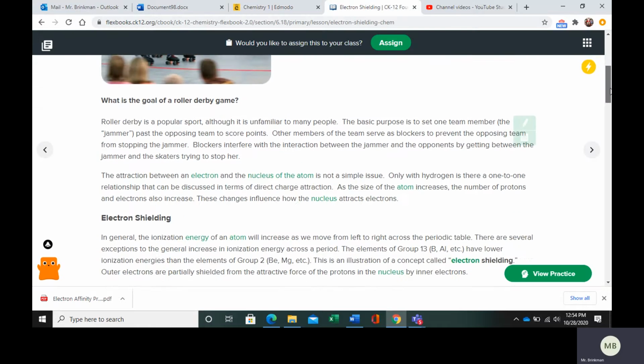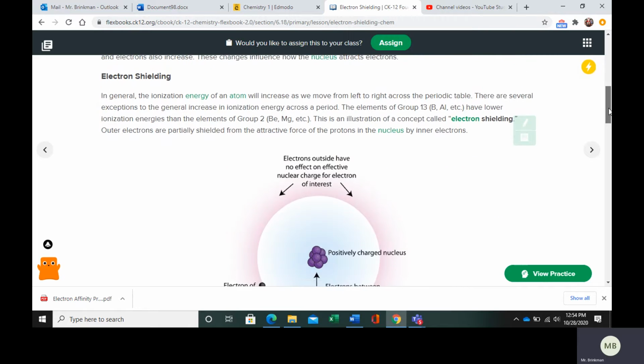So electron shielding has to do with the ionization energy of an atom. Ionization energy is how much energy it takes to turn a neutral atom into an ion. So this has to do with removing electrons.